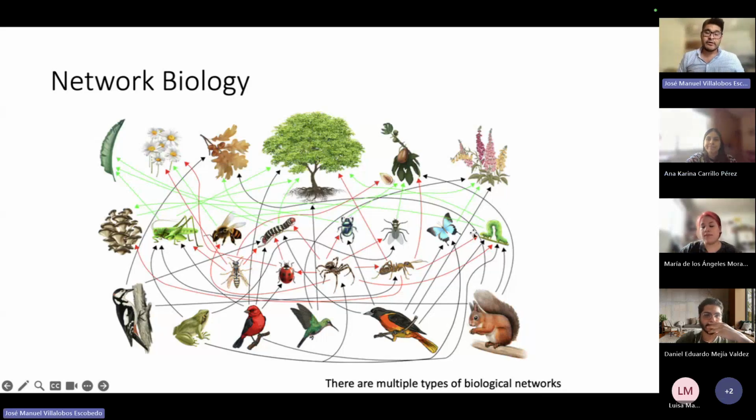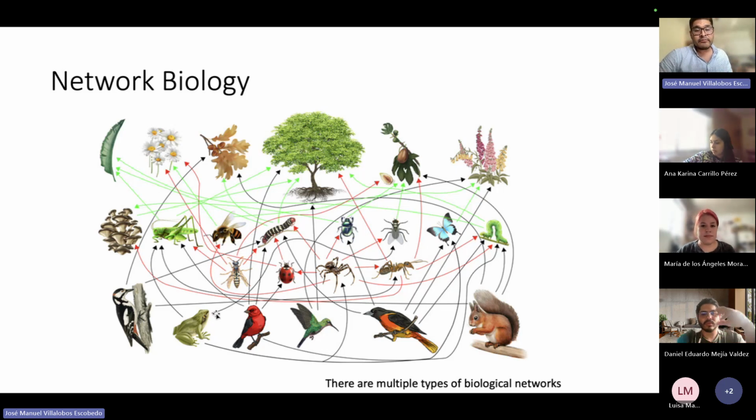Yes. Okay. Today we will talk about network biology, or biological networks. And as you know, there are many kinds of networks in the different parts of nature. For example, you can see different interactions between organisms, such as in trophic chains, when they are sharing nutrients, or when they are creating and sharing energy.